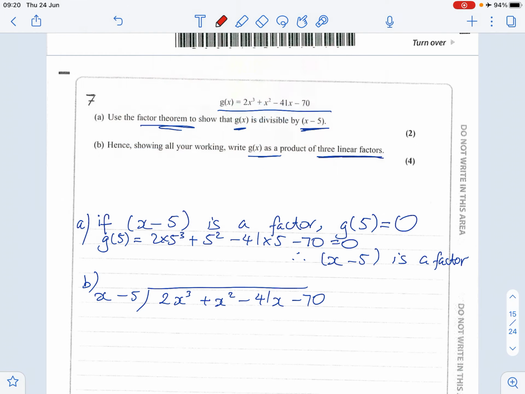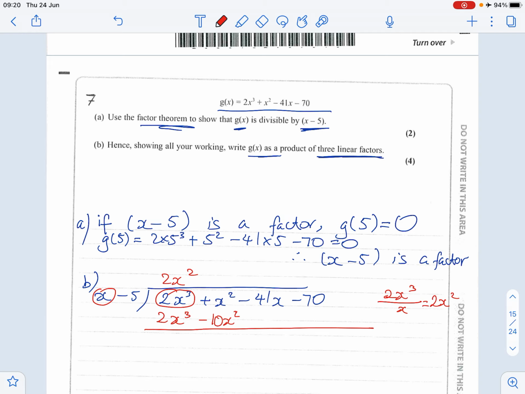So using algebraic division, we take the first term and divide by x. So we have 2x cubed divided by x, so we're left with 2x squared. So our first multiplier here is going to be 2x squared. Then we multiply this with x, we get 2x cubed. Then this multiplied with minus 5 is minus 10x squared.